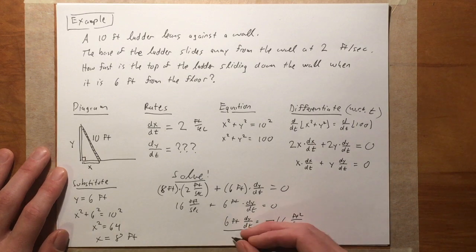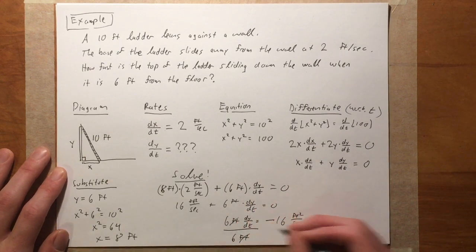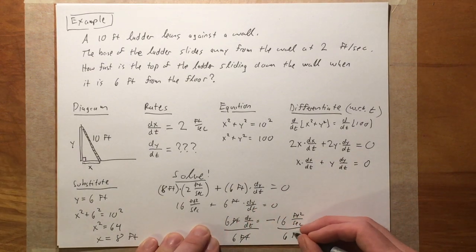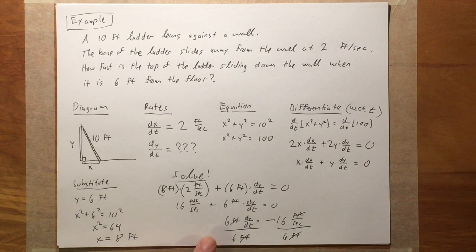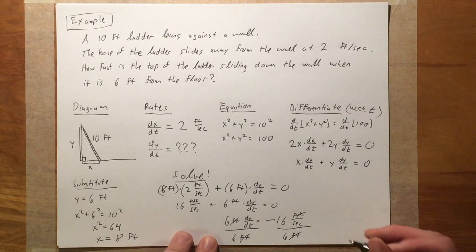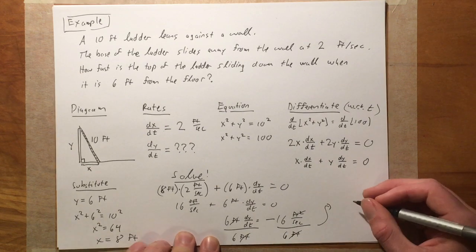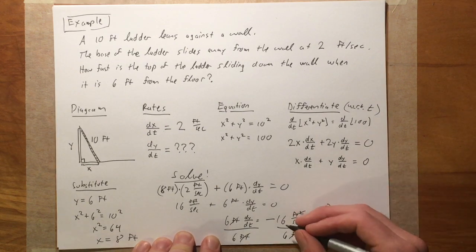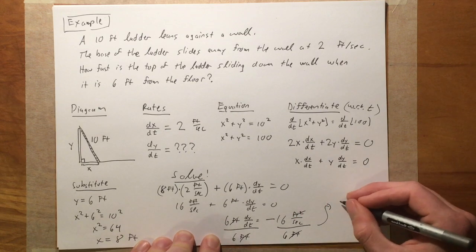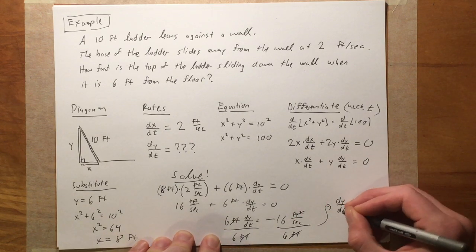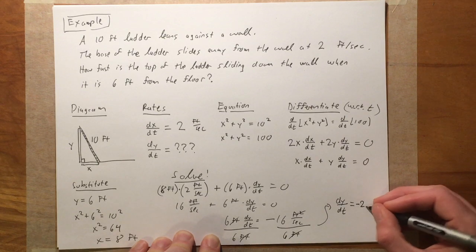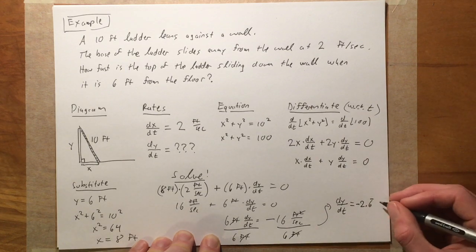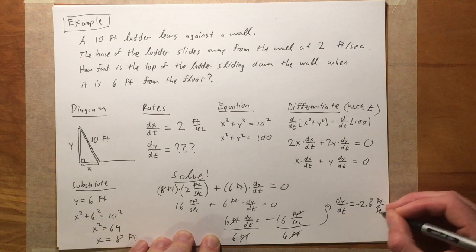And then we're going to divide both sides by 6 feet. Feet will cancel out. One of the feet will cancel with one of the feet factors up there. And then we get our answer, which is 16 divided by 6. dy over dt is going to be negative 2.6 repeated feet per second.